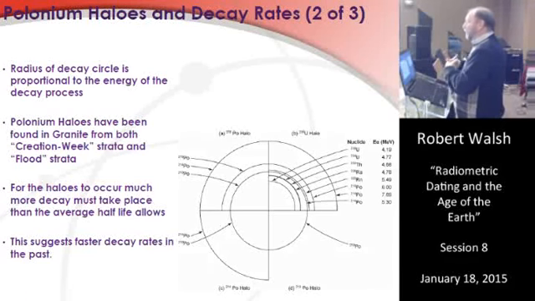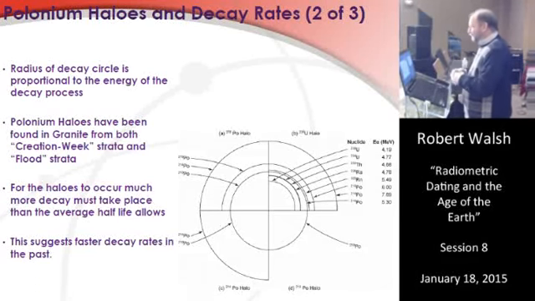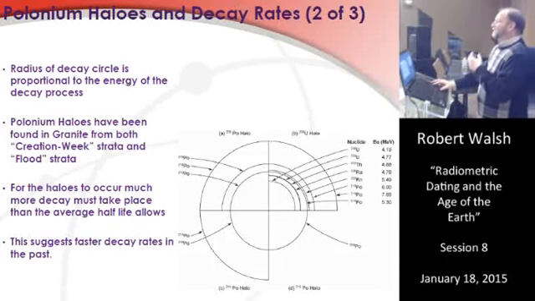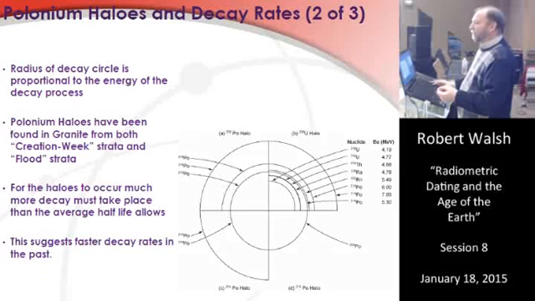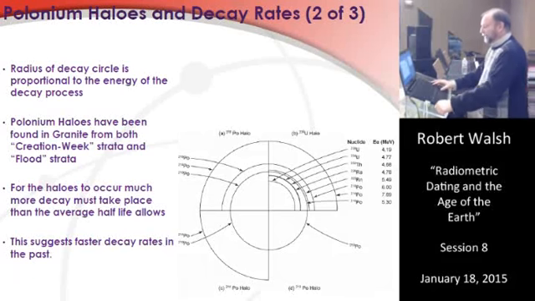And so what Eugene Chaffin and the RATE group are doing is coming up with quantum mechanical models to allow for rapid decay of polonium. So this suggests faster decay rates in the past, and in particular, in those rocks that we know for a fact were laid down during the flood.